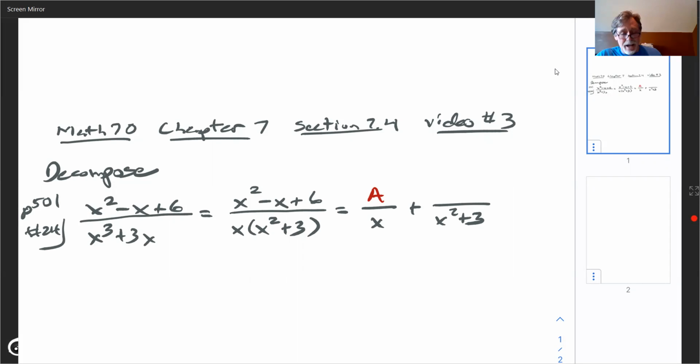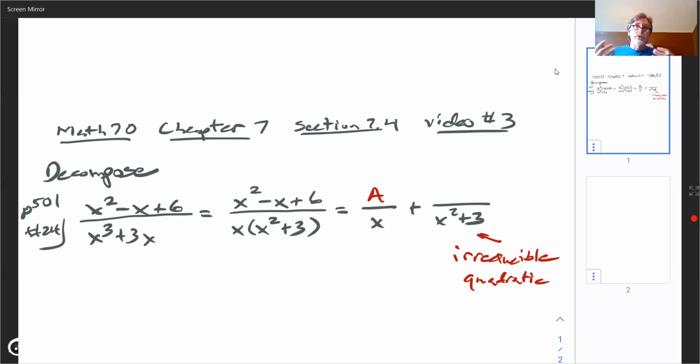However, above this guy, this is what they call an irreducible quadratic. It sounds like a foreign language, and it kind of is. It's from long ago. It's an irreducible quadratic. It's got a square to it, so what goes above it is 1 degree less, which means we're going to have an x and a constant.